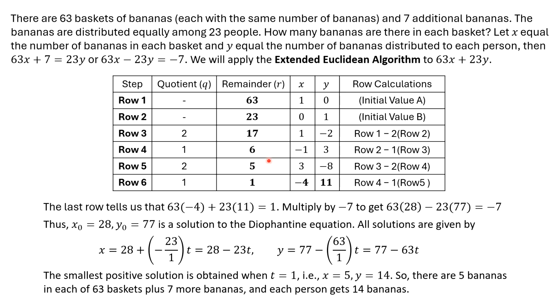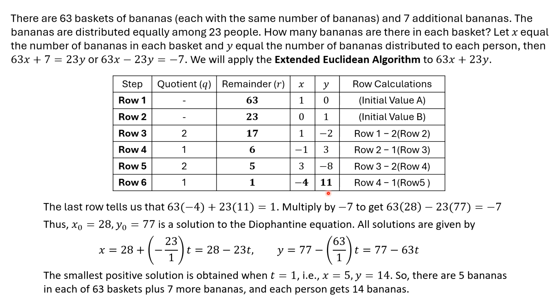Eventually we want to get a 1, which we get in this last step: we'll take row 5 from row 4, which I've noted here, and we get 1, minus 3 from 1 is minus 4, and then minus minus 8 gives us 11.